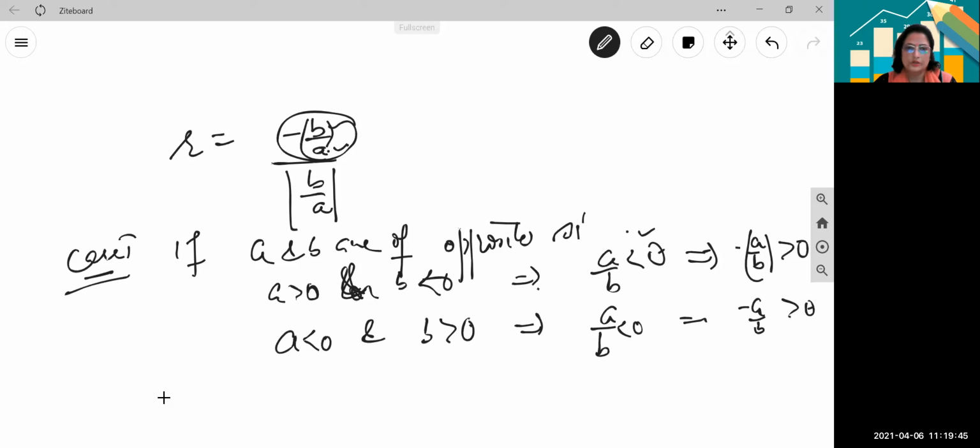So it implies minus b by a, sorry, whatever we are talking about, take b here, b by a, because we have been given the fraction not a by b, it's minus b by a. I'm writing again.